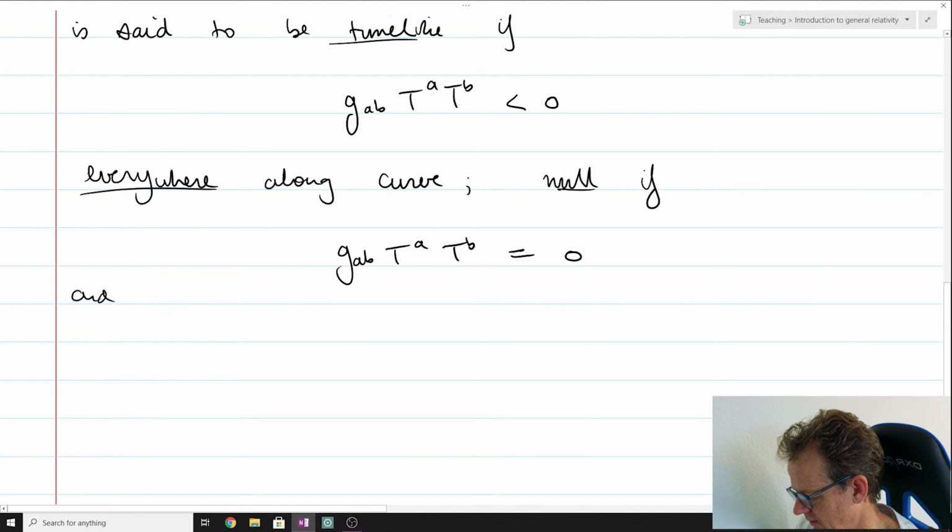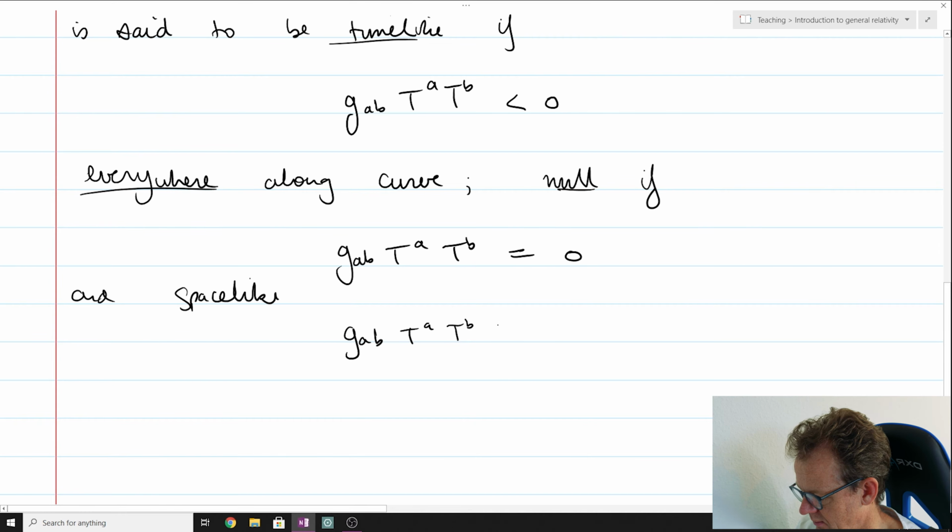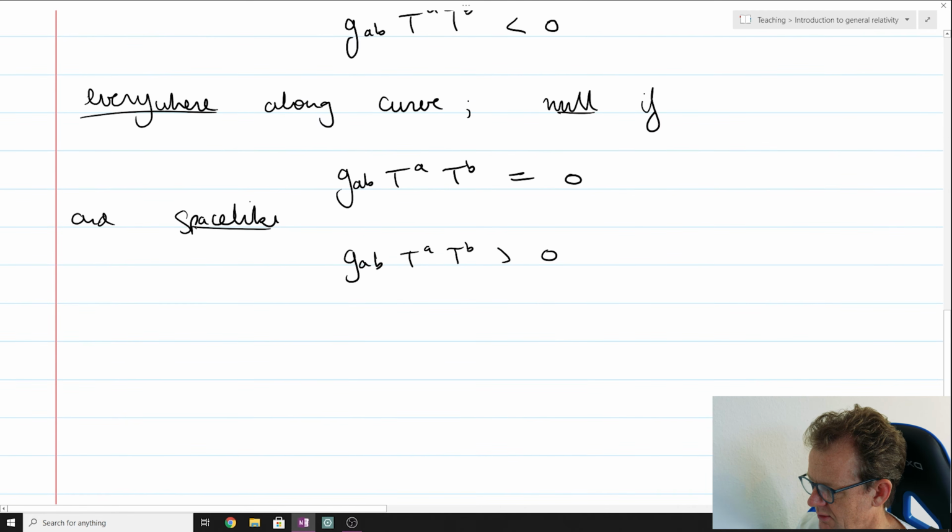And we also have space-like curves. That's where the inner product is positive everywhere. So you have three kinds of curves in manifolds with Lorentzian signature, with -1 and the rest positive, or all minuses and 1 positive, for example.